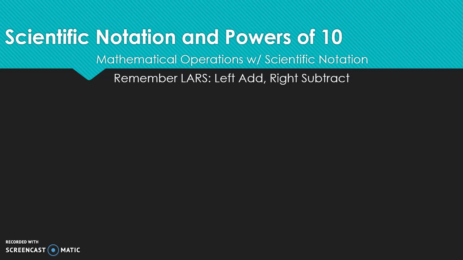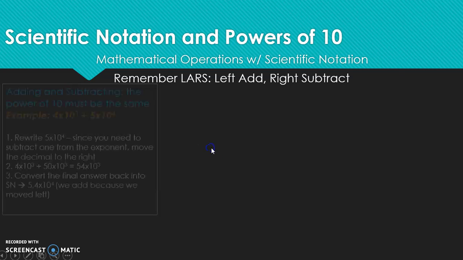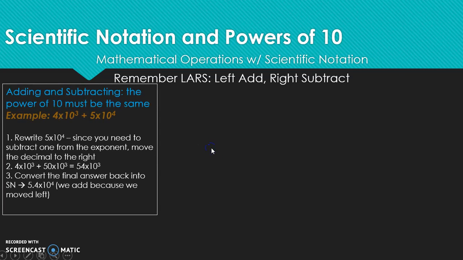Something that I like to remember is the word LARS. L, left add, LA, right subtract, RS. So what that means is that when adding and subtracting, the power of 10 must be the same. For an example, 4 times 10 to the third plus 5.4 times 10 to the fourth. So the first thing you have to do is rewrite the 5.4 times 10 to the fourth.